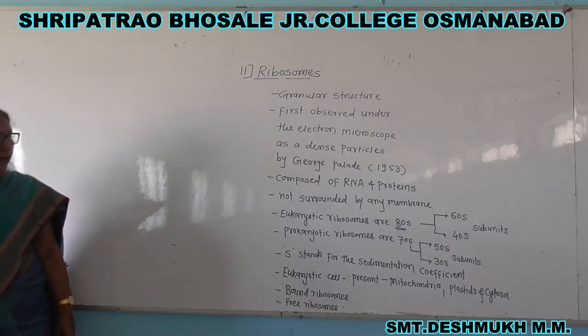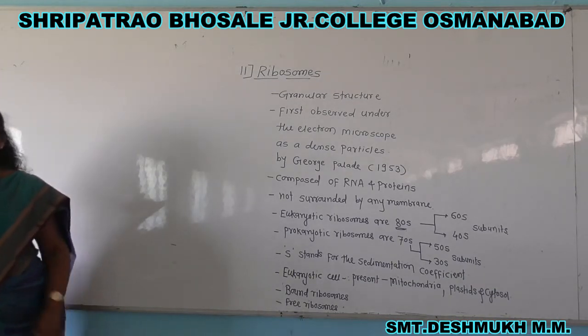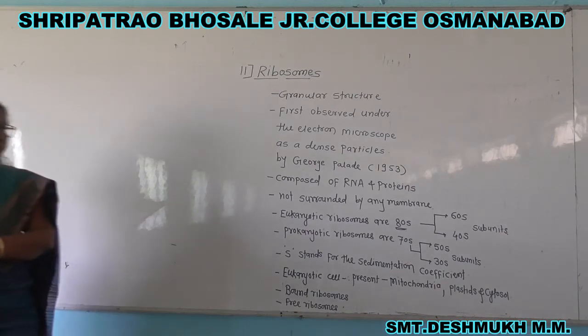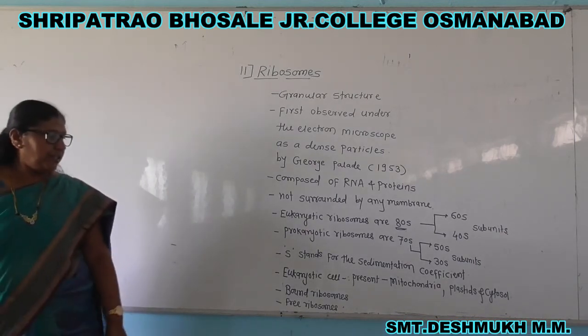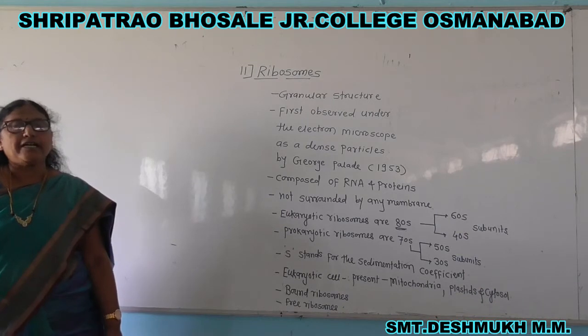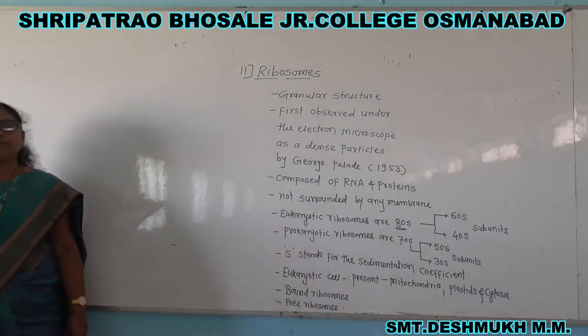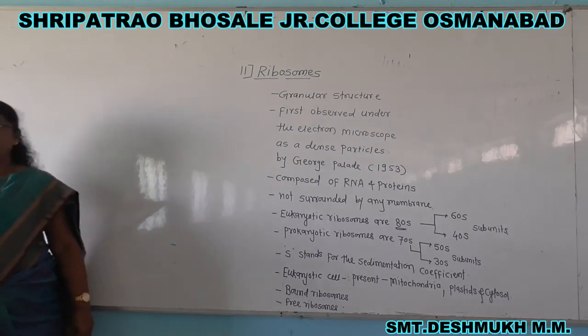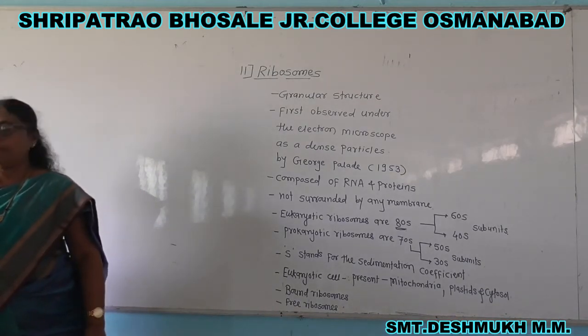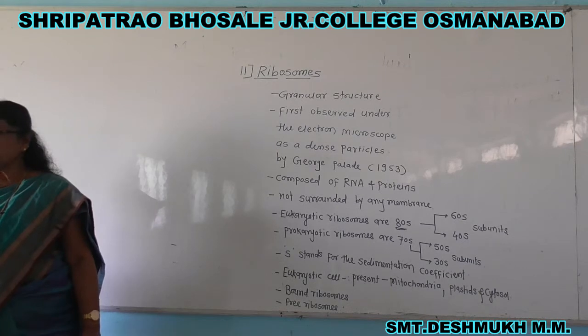In eukaryotic cells, ribosomes are present in mitochondria, in plastids in plant cells, and in the cytosol.